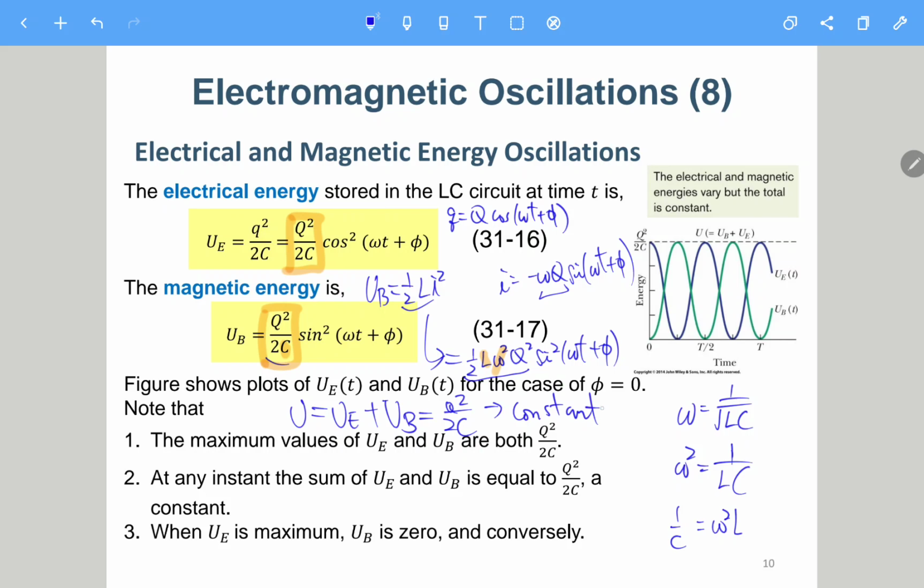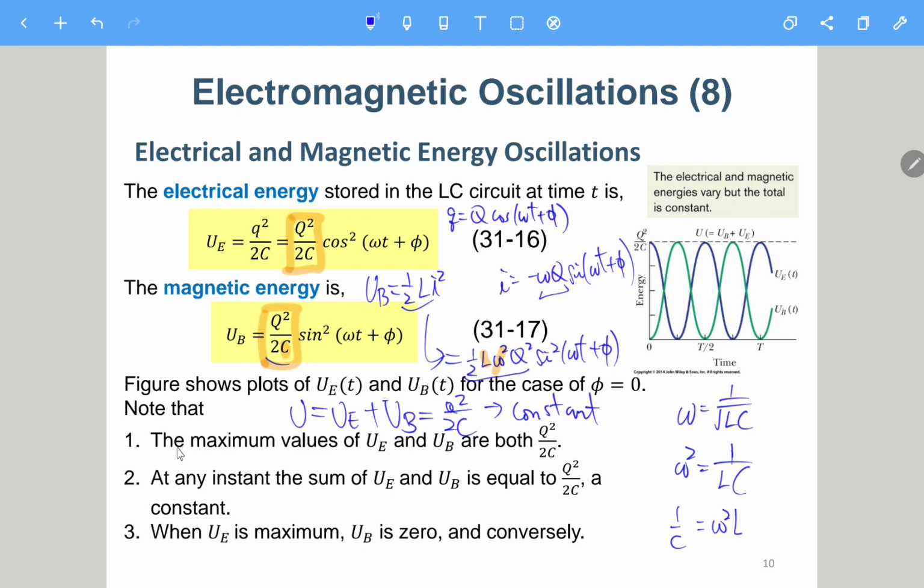This matches what we assumed at the very beginning, because we assumed that U is a constant due to the conservation of energy. The total energy shouldn't change with respect to time, so it should be a constant.